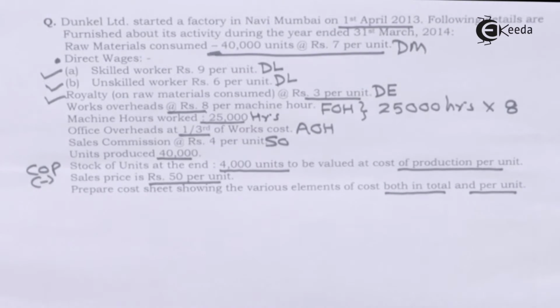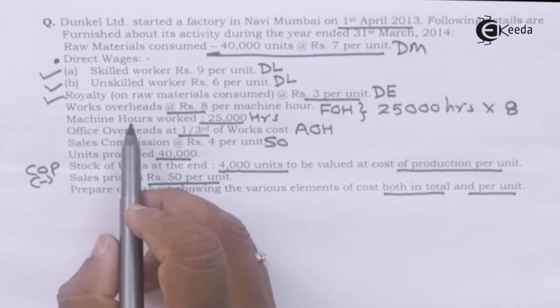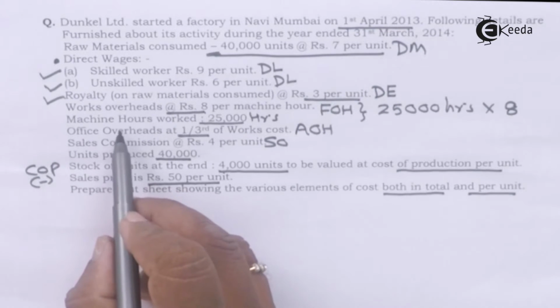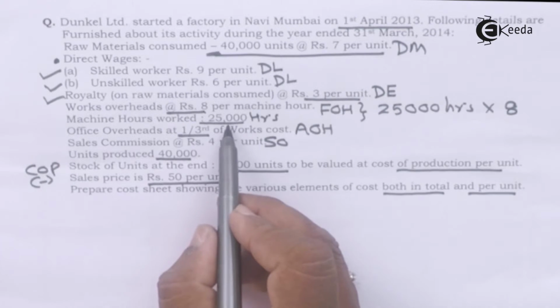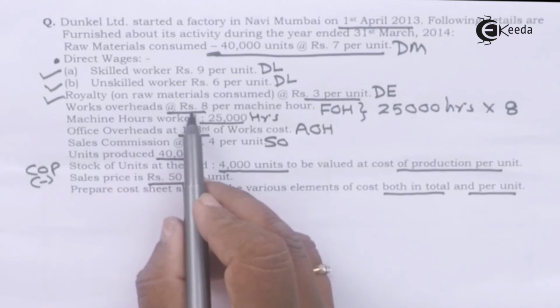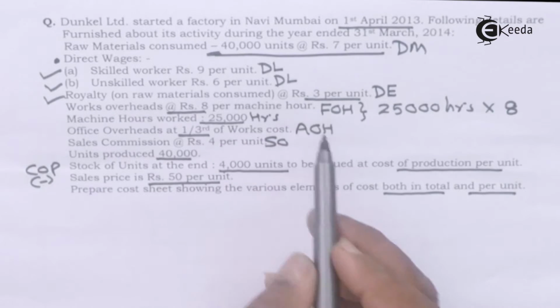About factory overheads, they have said machine hour work 25,000 hours. Factory overheads rupees 8 per machine hour.